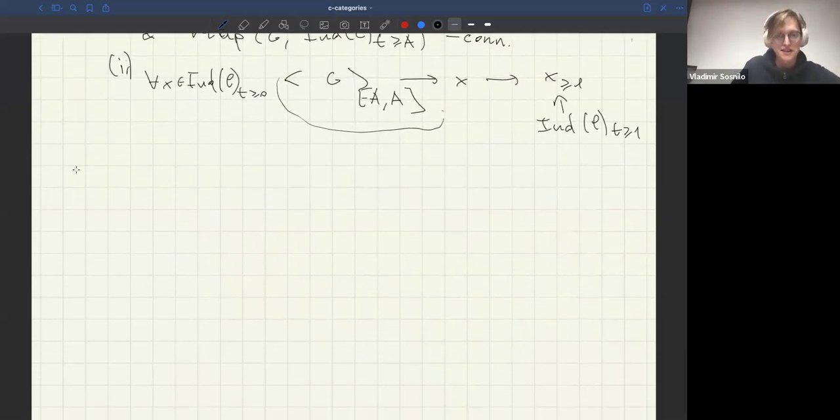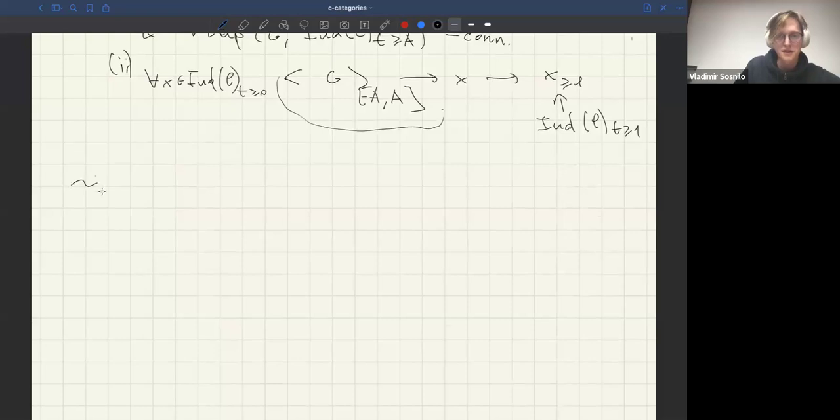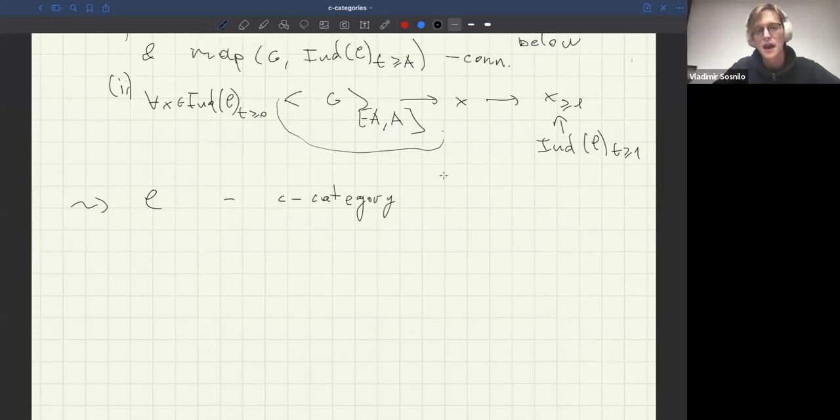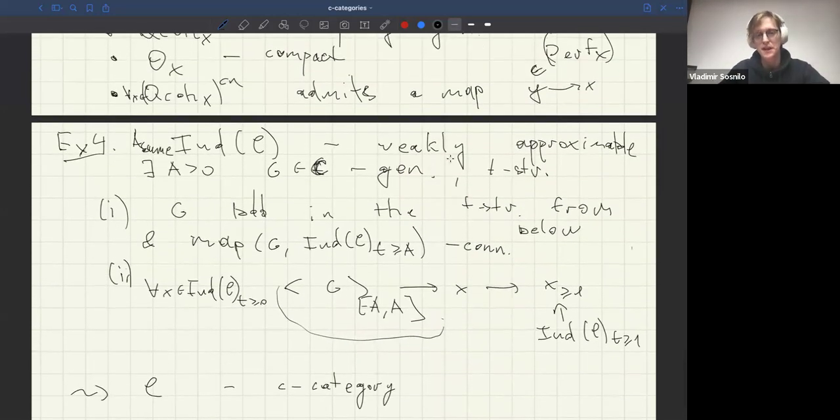So under these assumptions, C can be shown to be a C category. I forgot to say that if you have a weakly approximable category, then it's also weakly approximable with respect to any equivalent t-structure, and the t-structure generated by this compactly generated weight structure's positive part is going to be equivalent to the standard one.